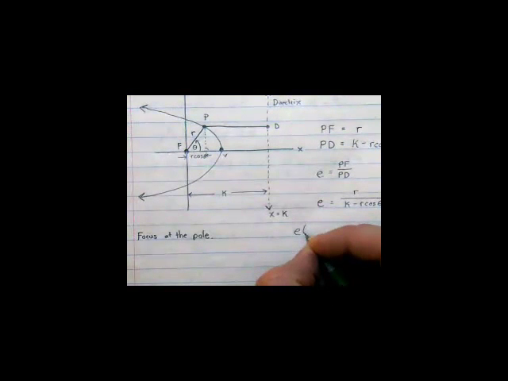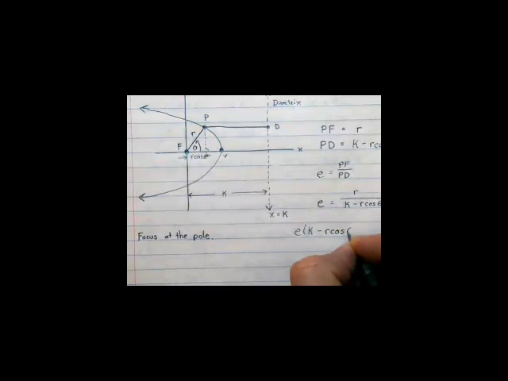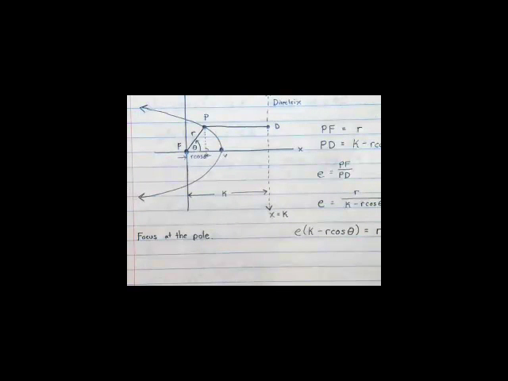So e times k minus r cosine theta equals, now I know that's equal to r. It's not technically solved for r just yet, because there's still another r over here. So, ideas?